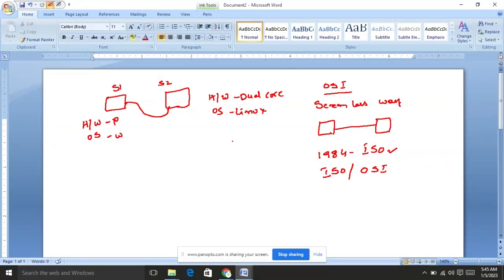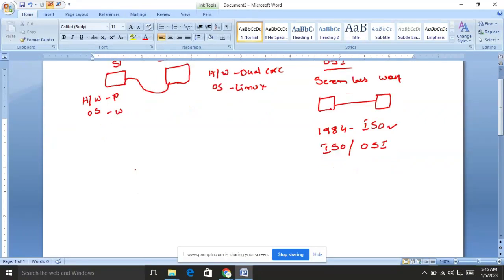This OSI reference model represents the way two systems communicate: the procedures, rules, regulations, requirements, everything, right? The rules, procedures, or software in the OSI reference model are divided into seven parts.